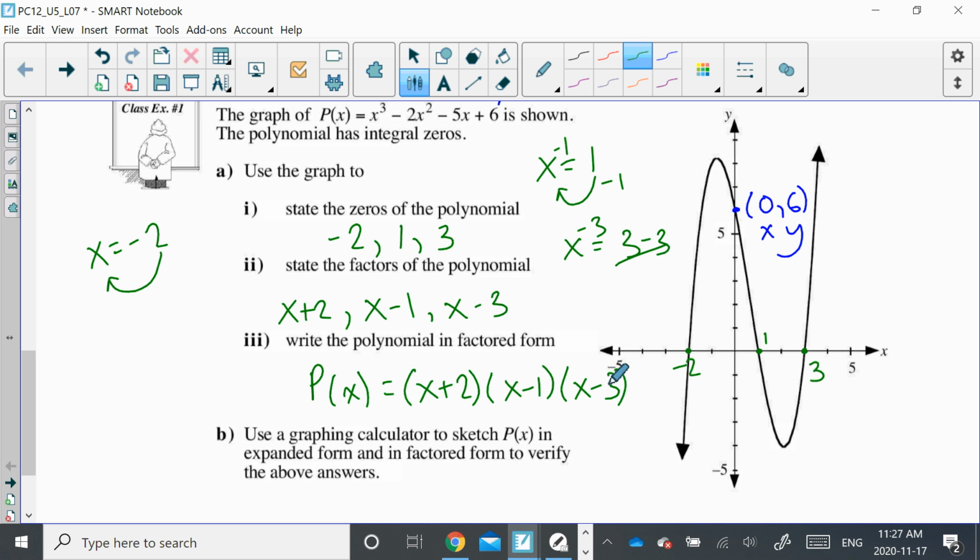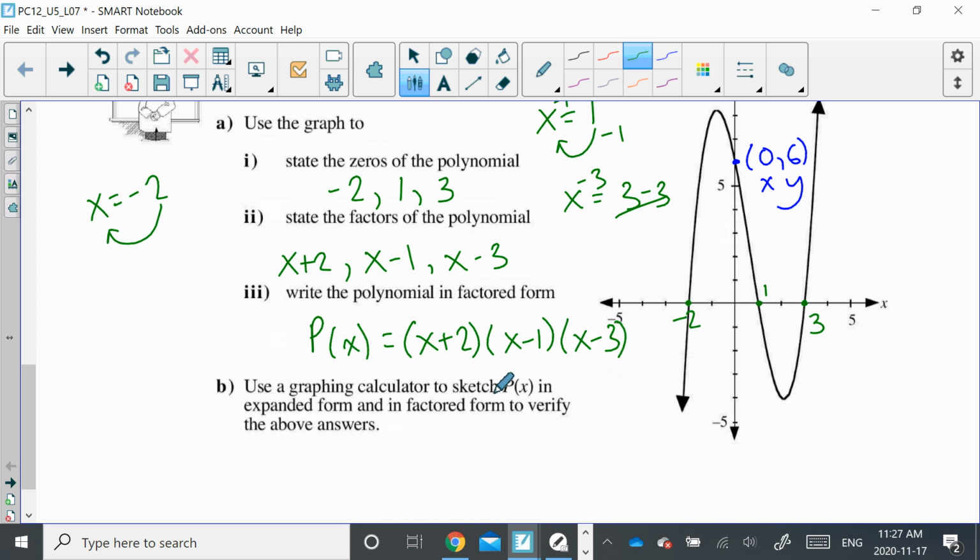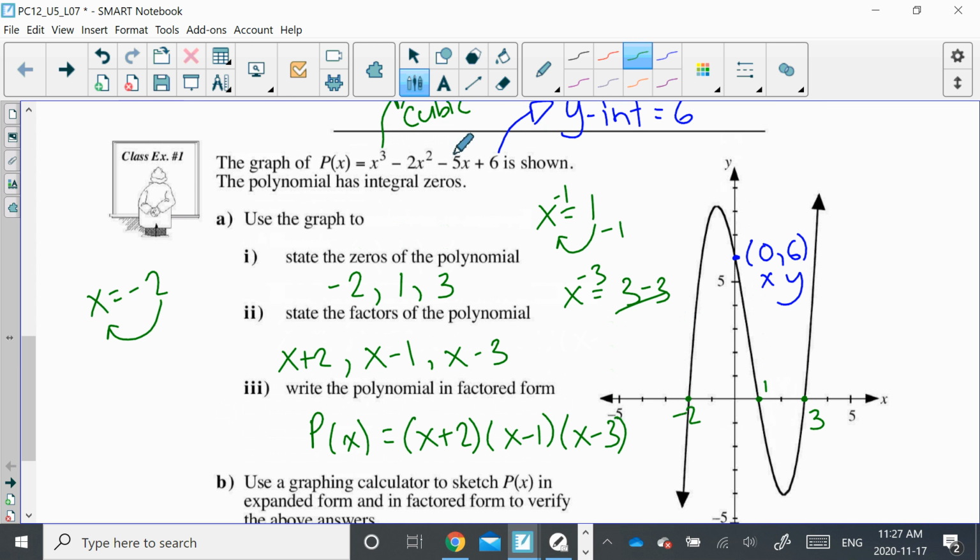What it says for B, and this is going to be the review for Math 20 to make sure that you could find the zeros of any of your functions on your calculator. It says use a graphing calculator to sketch the polynomial in expanded and in factored form to verify the above answers. So remember that your expanded form and your factored form will be the exact same graph if everything is factored correctly.